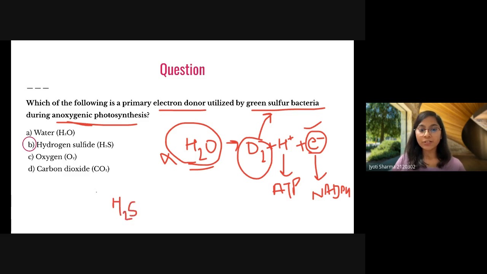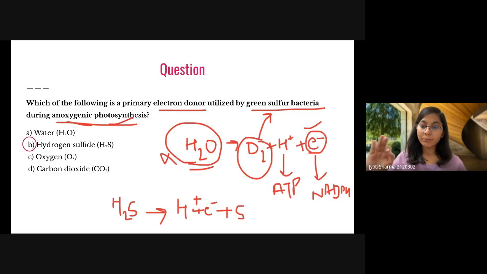So if we have H2S, then this H2S no doubt will release hydrogen, a proton. This will release electron, and this will act as the electron donor. But along with that, this is not releasing oxygen, but this is releasing sulfur. So there is no doubt photosynthesis.